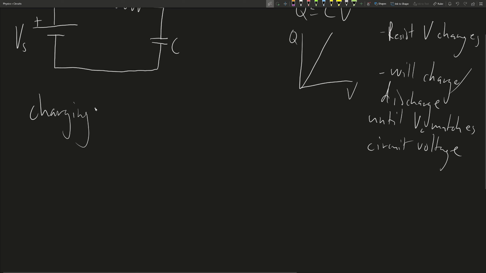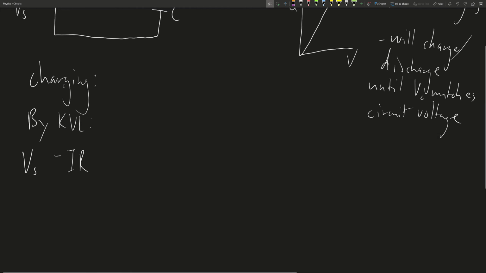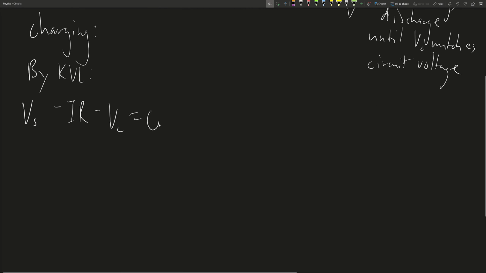And so for charging, first, by Kirchhoff's voltage law, KVL, we get the equation that Vs minus IR, where I is the current going in this direction through the series circuit, minus VC, which is the voltage across this capacitor, is going to be equal to 0.